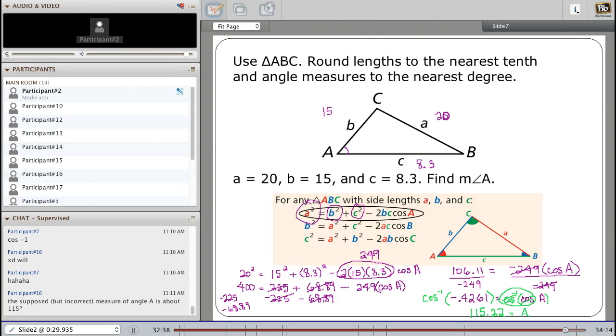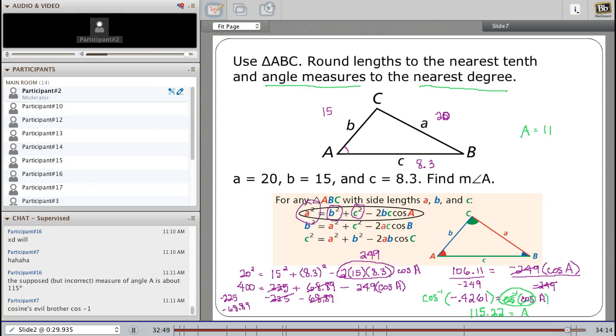Since we're doing angle measures, round to the nearest degree, so we would round that to the nearest whole number, which would be 115. So A equals 115 degrees. That would be our final answer here. Again, the picture's not drawn to look like that, but according to the numbers, that's what we have.